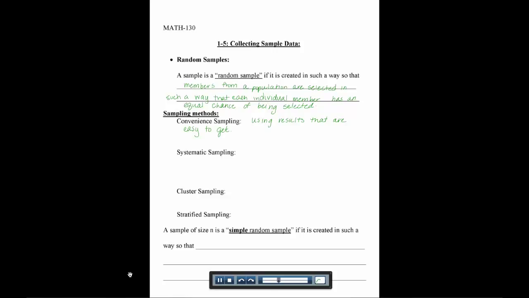Just whatever is easiest. Okay, a systematic sampling is when you select some starting point and then select every kth, and you'd pick a number, so every 5th or every 10th or whatever number you want to use, element in the population.